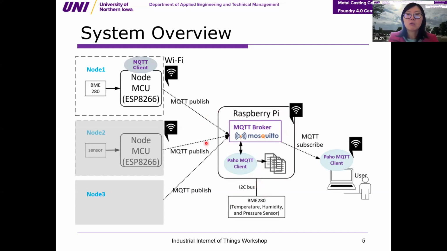Sorry, that's the same connection you did last week. And then we will have a Node MCU board also connected through the I2C with another BME280. They're going to connect through the Wi-Fi, all to the same Wi-Fi.